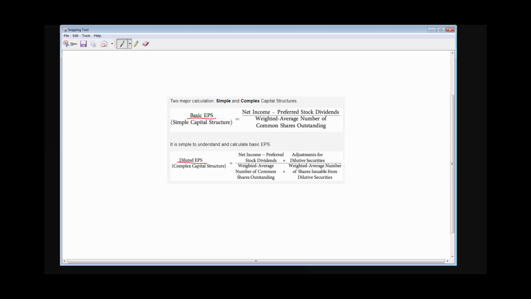So when we calculate, we should first add back the interest expense for the debt. Also, don't forget the interest expense net of tax for the convertible bond. Okay, so that's kind of the after-tax return to the convertible bond holders. And also, we add back the dividend on convertible preferred stock.